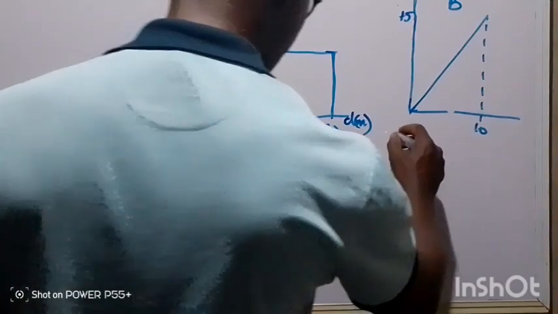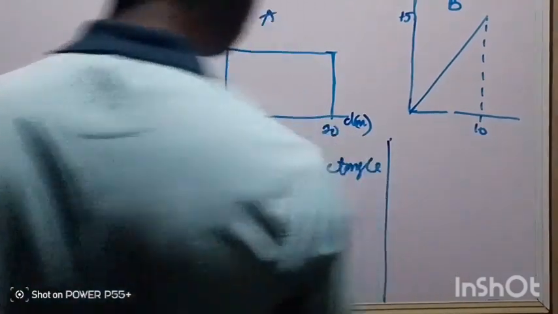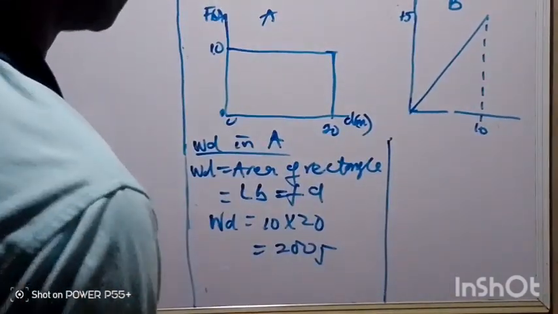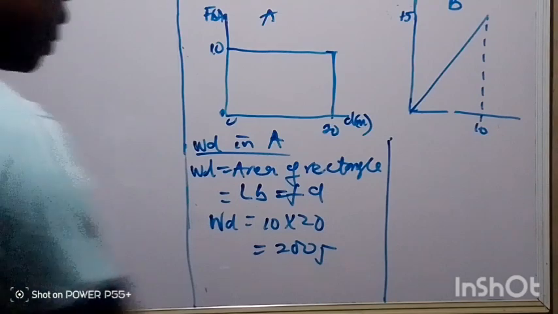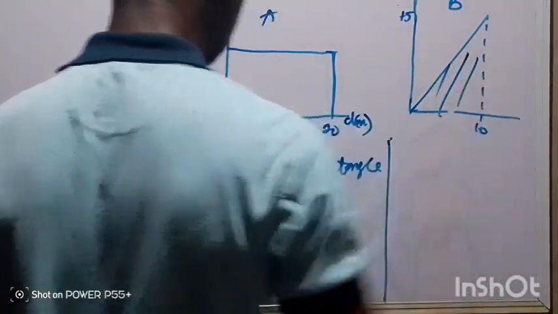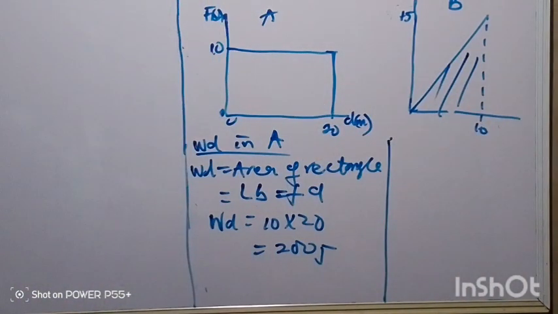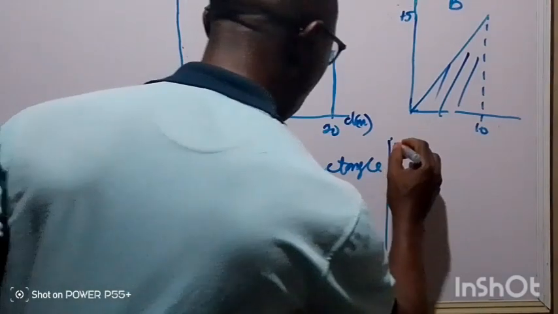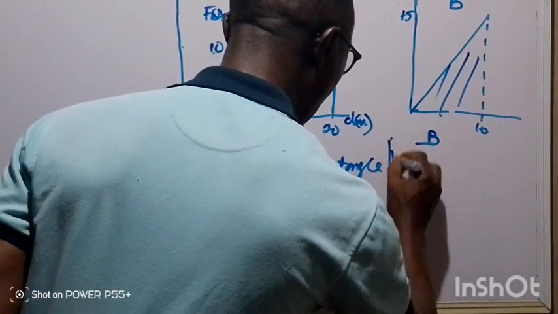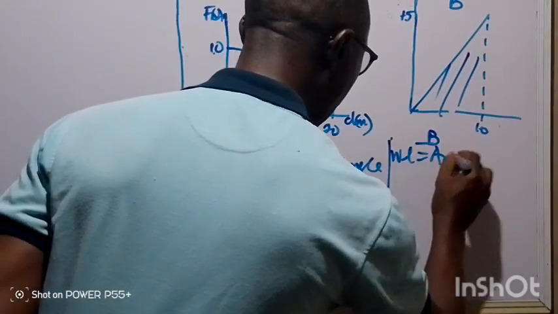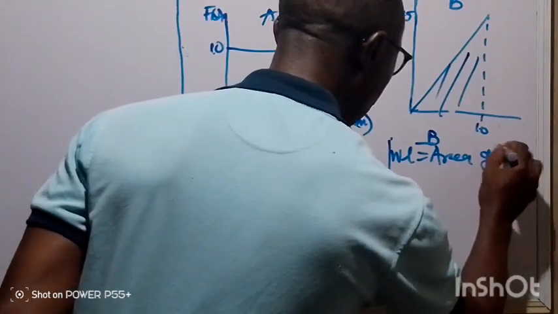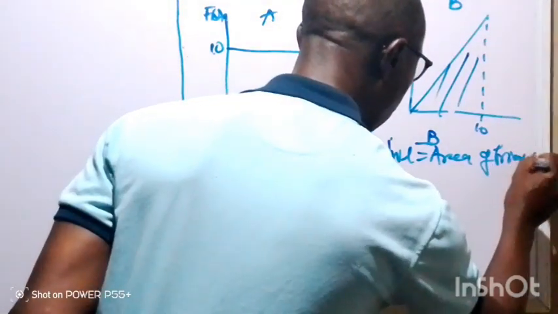Now for B, according to the shape, it's a triangle. Work done in this area, for B, work done equals the area of a triangle.